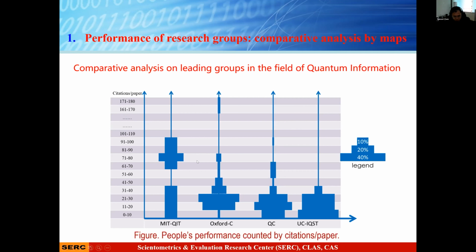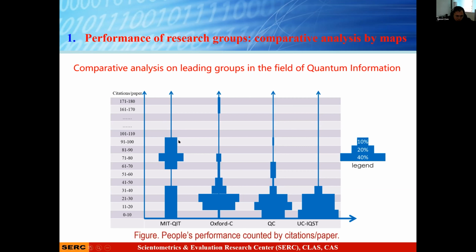And the bar length is the percentage. For example, if there are 10 people, 1, 2, 3, 4, 5, 6, 7, 8, 9, nine people, that's the percentage. So we can find that at the MIT QIT, this center has a very broad distribution of people's citations per paper.